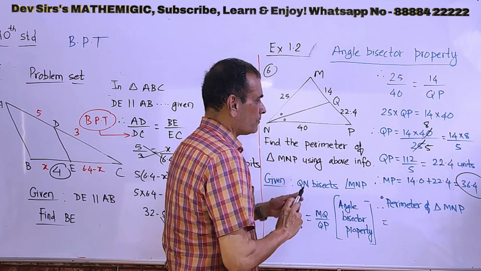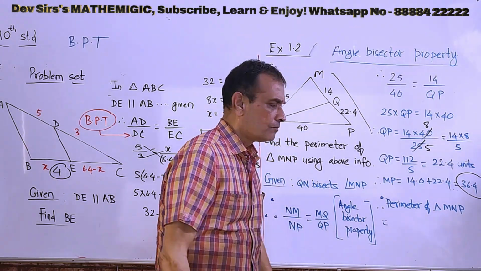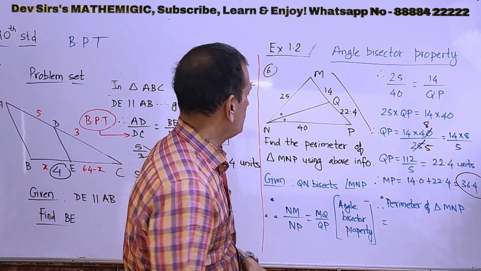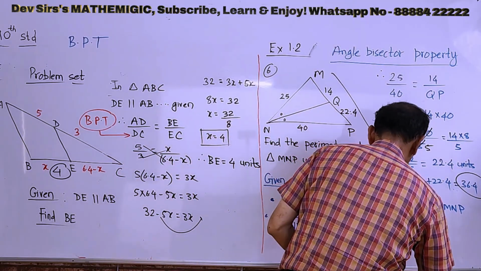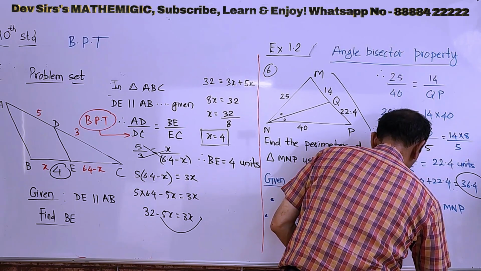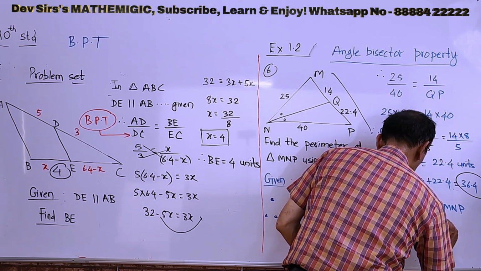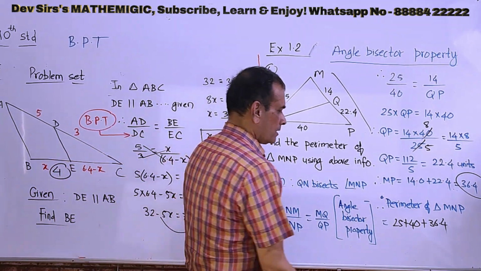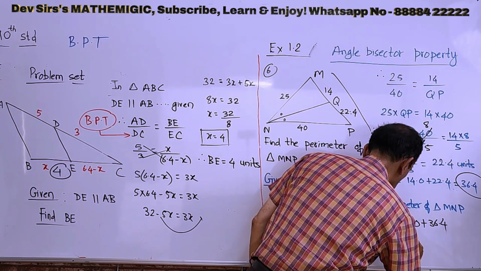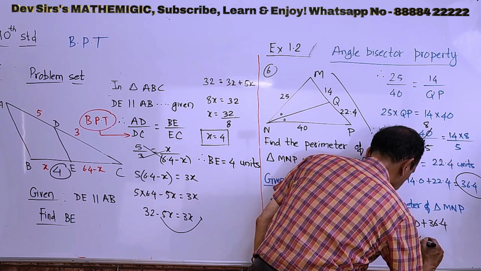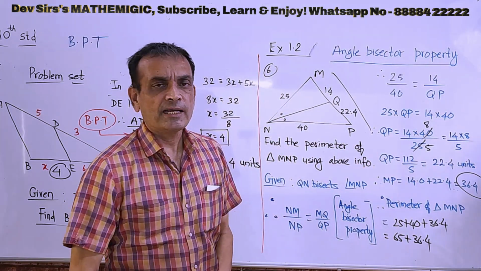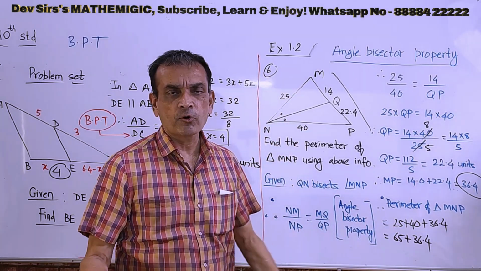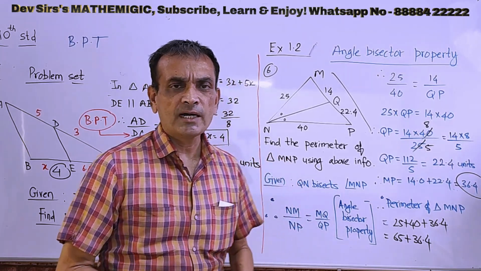This is 36.4. तो perimeter of triangle MNP सब ऐड करो, 25 plus 40 plus 36.4. I leave the final answer for you to calculate. 40 plus 25, 65 plus 36.4 कितना आता है देखो. That is the perimeter of the triangle.